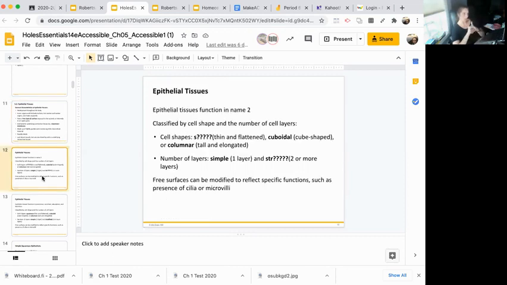All right, a couple vocab terms. When something is thin and flattened or scale-like, we call it this word. This is going to talk again about epithelial tissues in terms of what the cells themselves look like. And then we're going to talk about how in your skin, for the integumentary system, the cells are in layers.